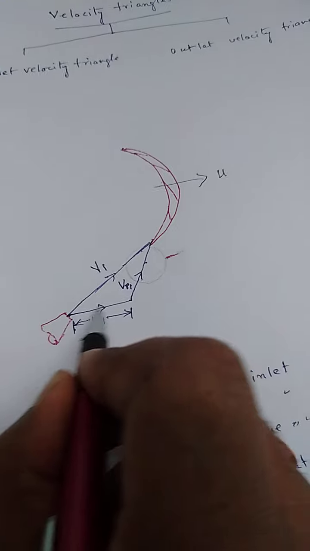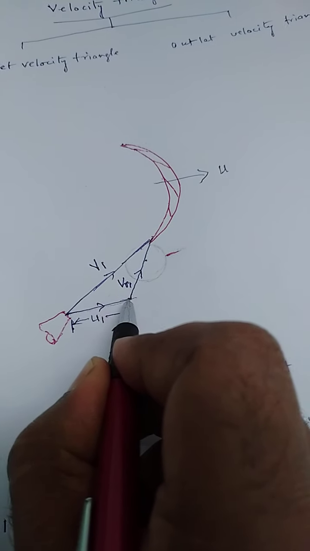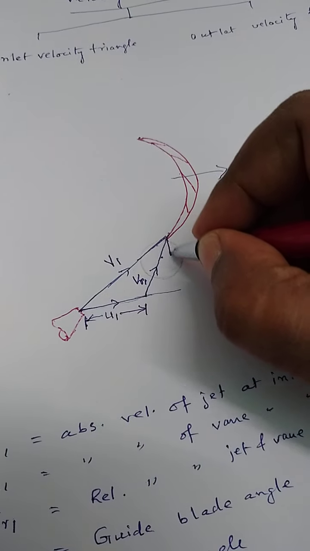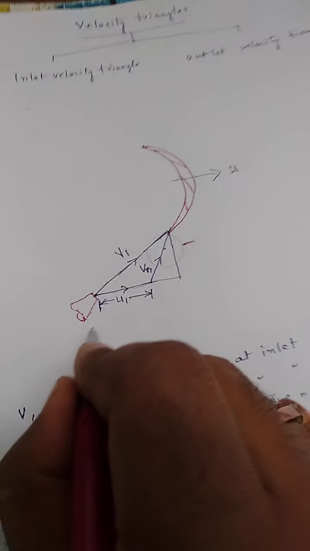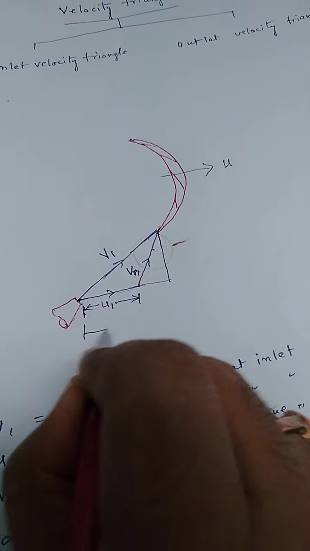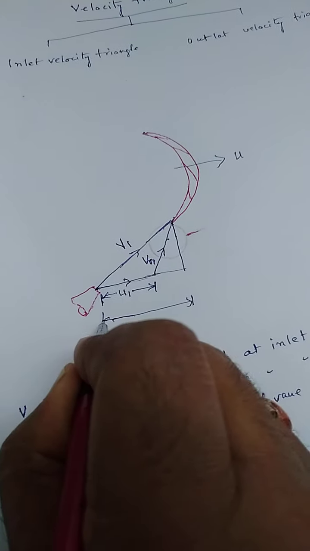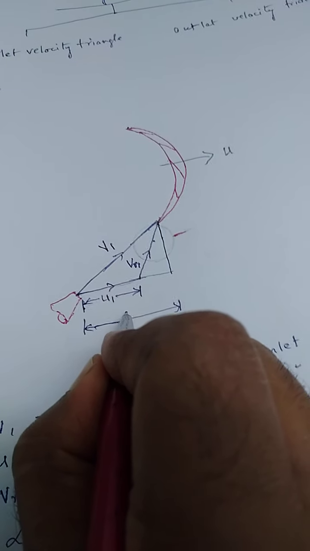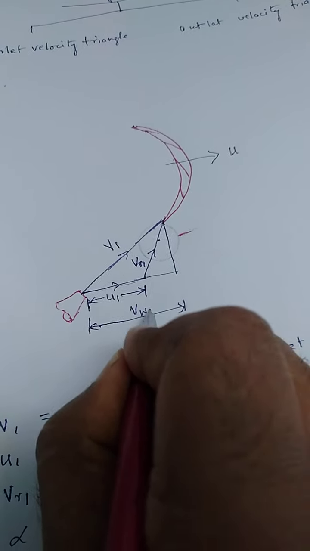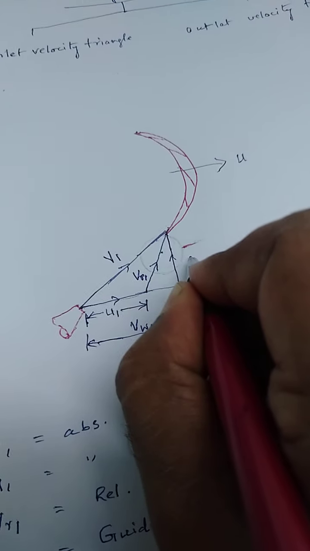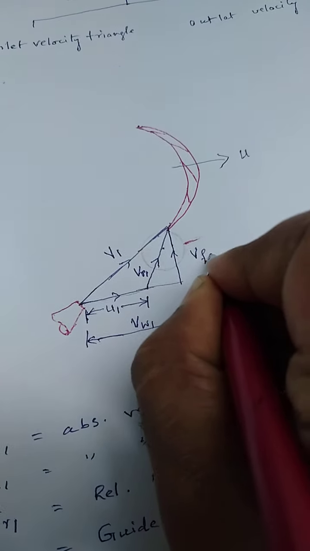So we resolve this V1 in the horizontal direction as well as in the vertical direction. The horizontal component we name VW1, that is the velocity of whirl, and the vertical component is the velocity of flow.